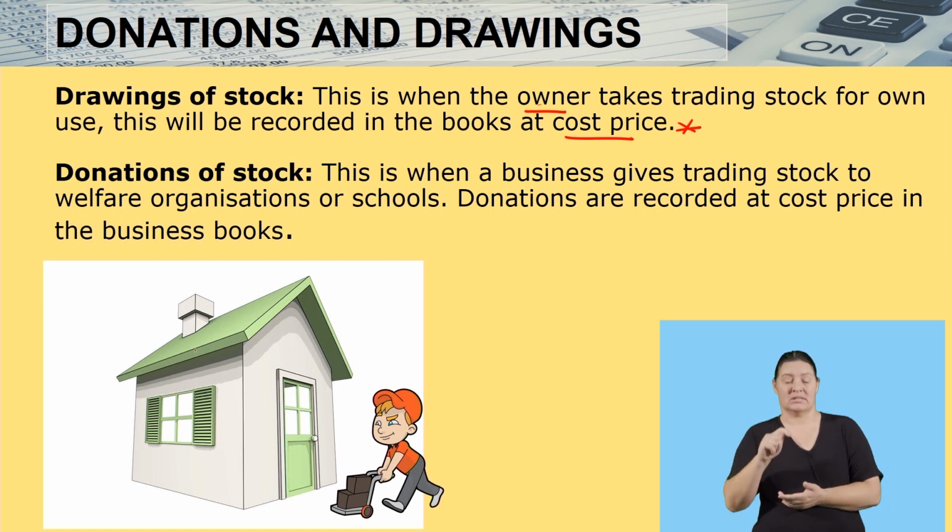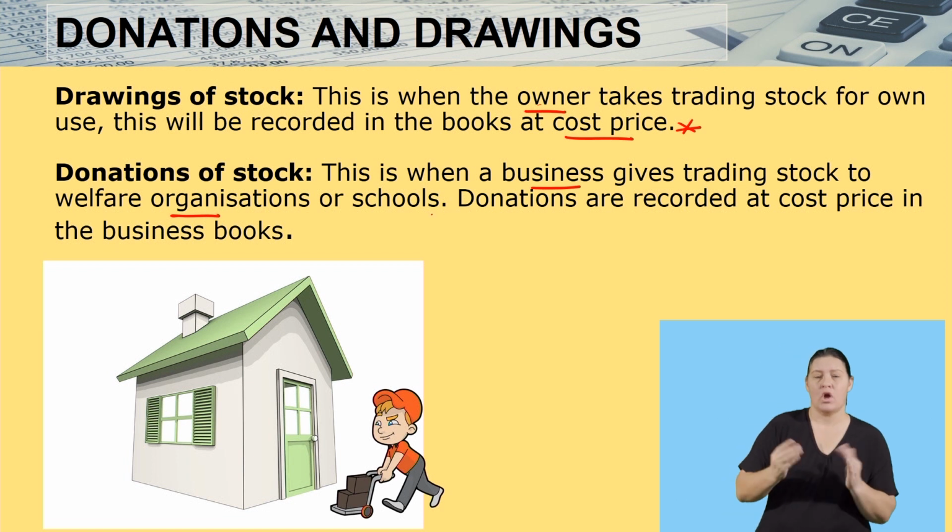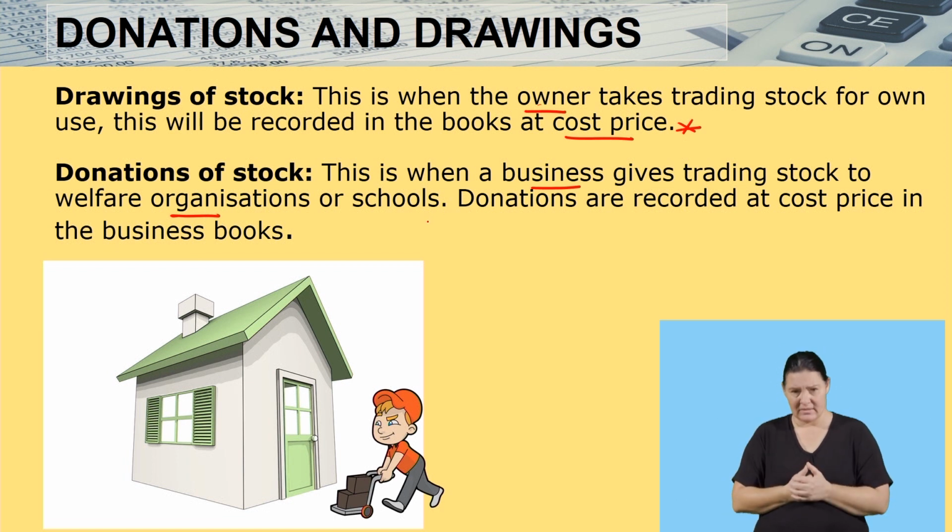What are donations? Donations, this is when a business gives trading stock to welfare organizations or schools. So if there is a welfare organization within the area, businesses have a social responsibility to help their community. So they also give part of their trading stock, and we then call that donations of stock.